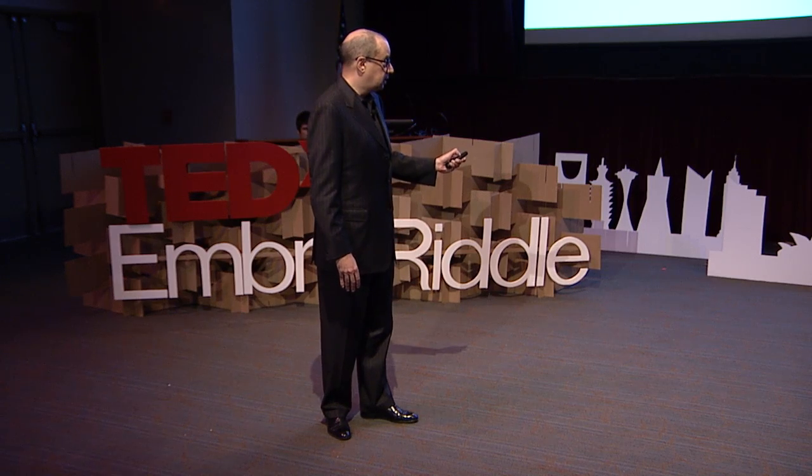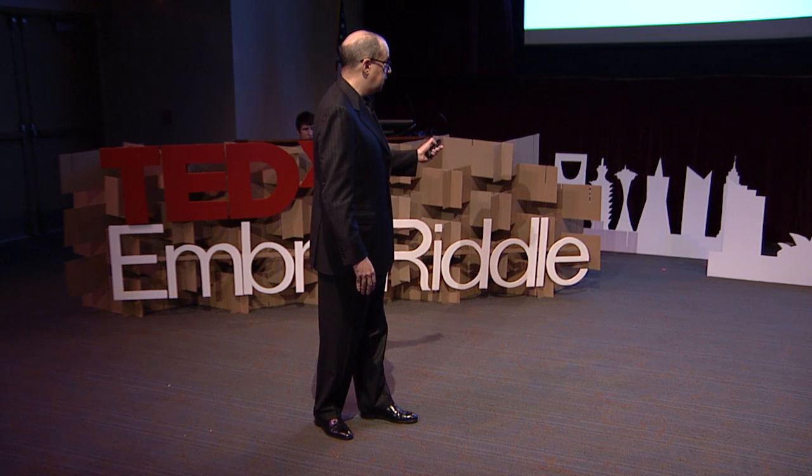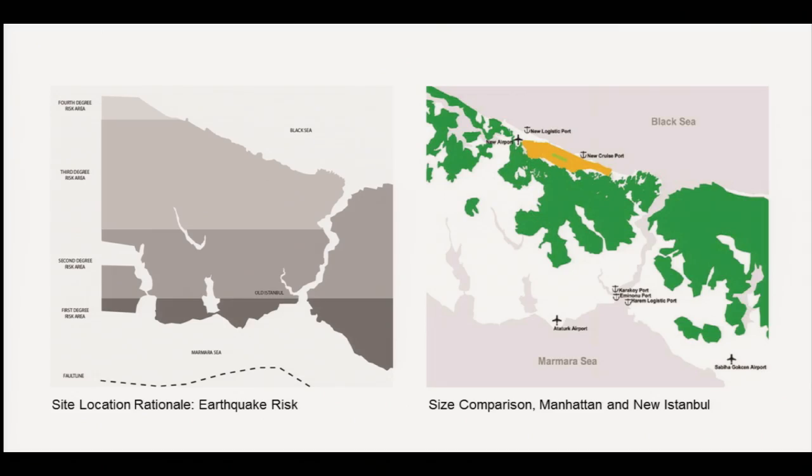And in a city that contributes 50% of its nation's GDP, if Istanbul is destroyed, there'll be severe repercussions throughout Turkey. And Musa Yetamuglu was very concerned about that and asked us to think about designing a new city along the Black Sea coast, well outside the earthquake seismic zone, approximately the size of Manhattan in land area, as you can see here.